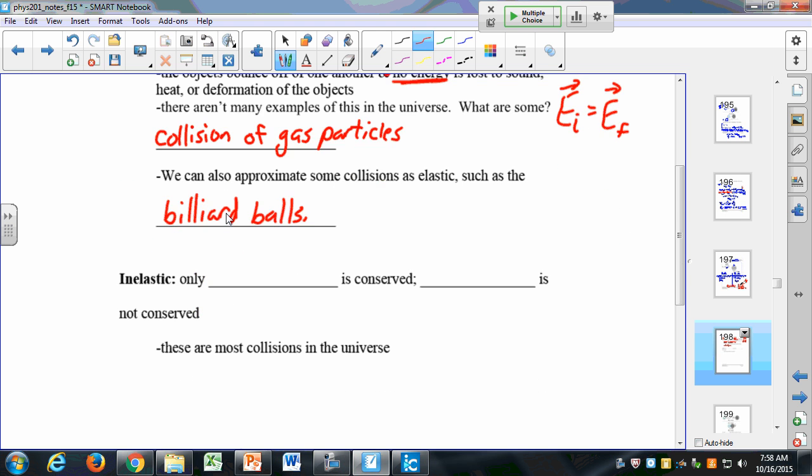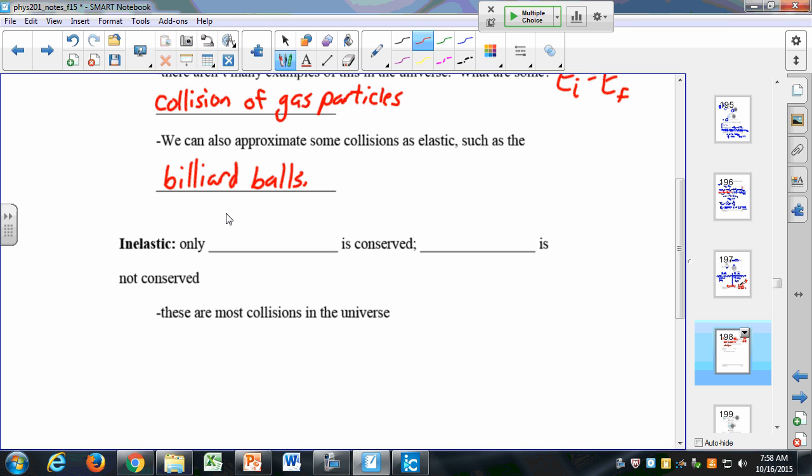And in inelastic collisions, only momentum is conserved. Energy is not conserved. And these are most collisions. So you run into somebody out in the quad, you bump into them, that's an inelastic collision. If you have a car crash, two cars bump into one another, that's an inelastic collision.